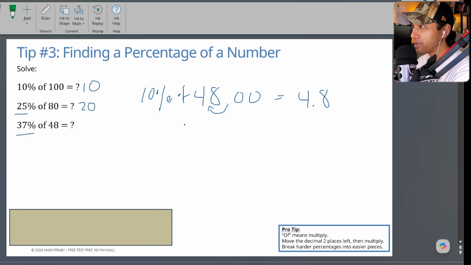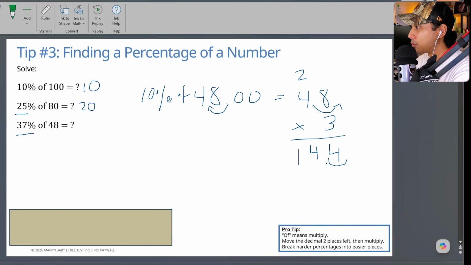Now, what is 30% of 48? So that's just 10% 3 times. So 4.8, and I'm going to multiply this by 3. That's 4, 2, 12, 14, okay? And then the decimal spot moves 1 time. We move that 1 time, and it's 14.4 equaling 30%. Now, what's left is 7% because we found 30%.